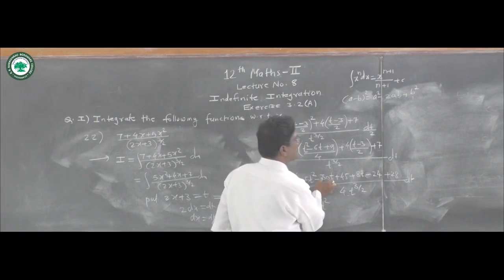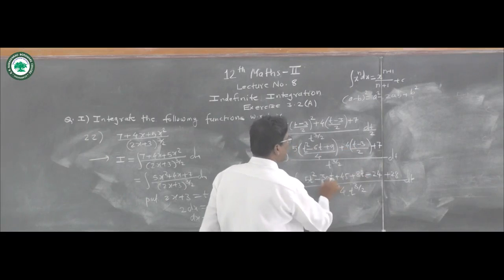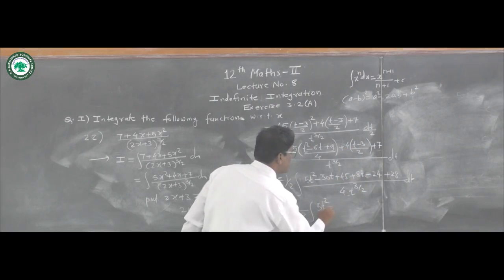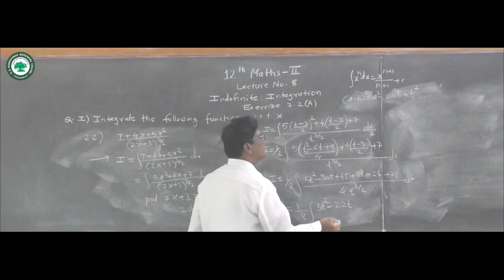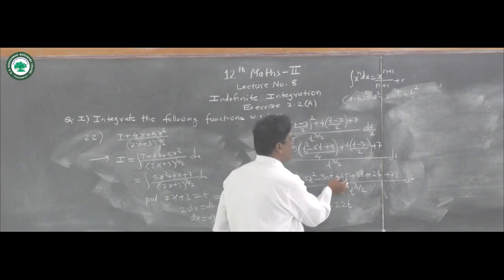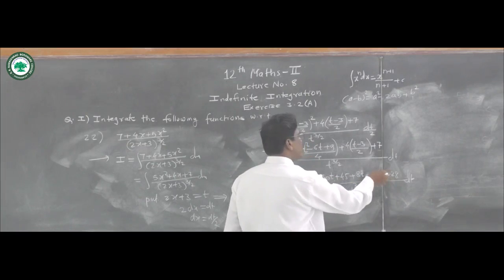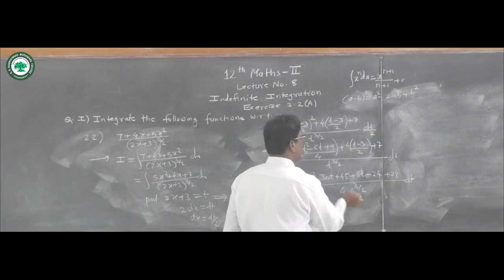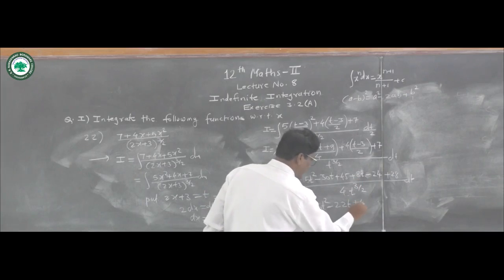minus 30t plus this 8t, that is equal to minus 22t. Now this 45 minus 24 and plus 28. So 28 minus 24, it is 4, and 45 plus 4, it is 49, plus 49. Get it?